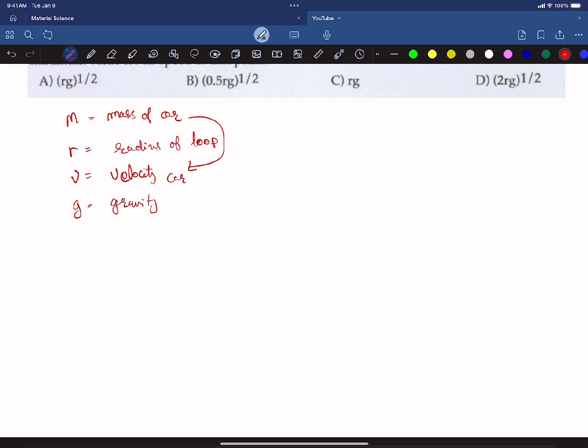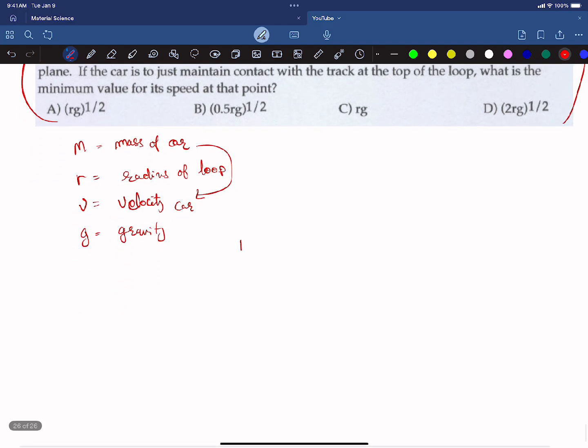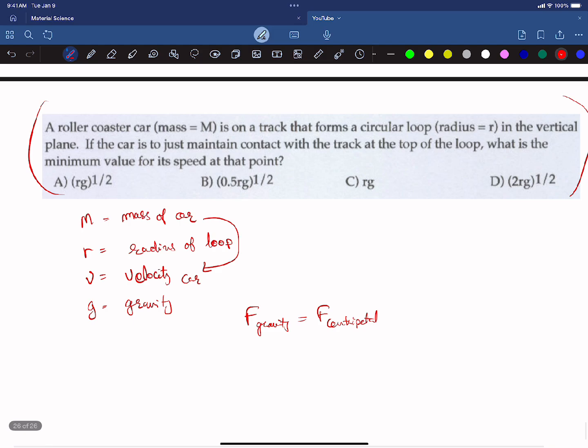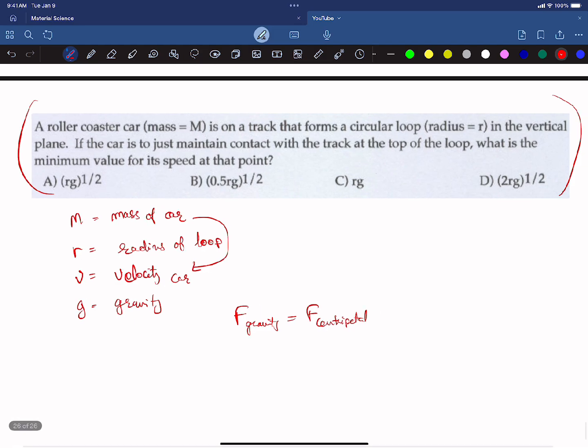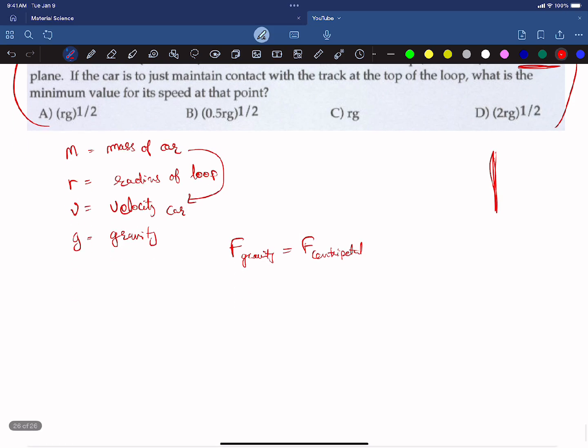So now, in this particular case, we can say that the force due to gravity is equal to the centripetal force. As it is in the vertical direction, the only force acting on this system is gravity.